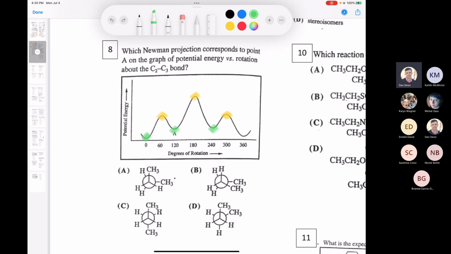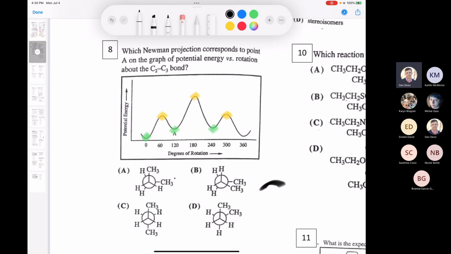What do the maxima represent? Do they represent staggered conformations or eclipsed conformations? The maxima in yellow, staggered or eclipsed? They would be eclipsed, right? Because staggered is when you have, oops, there's no black pen.